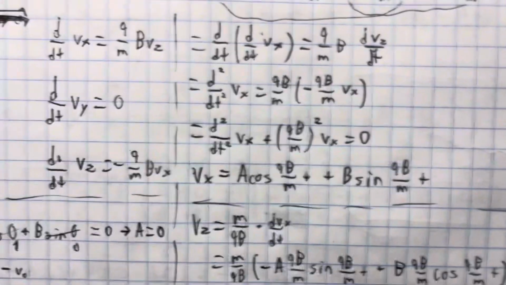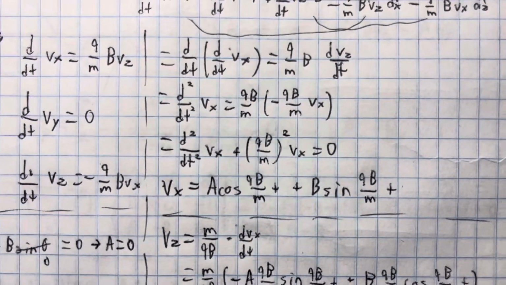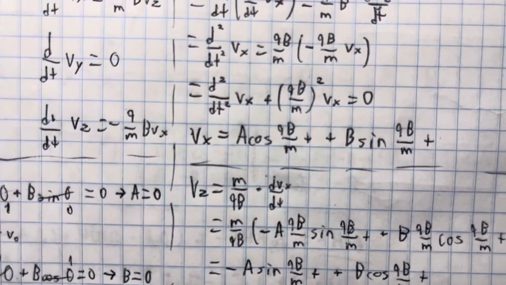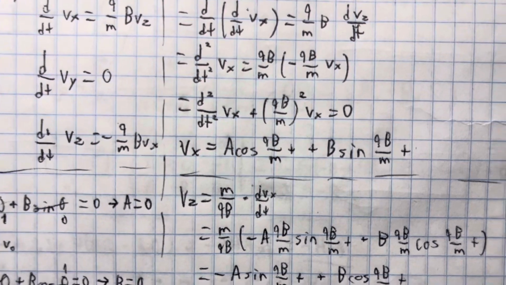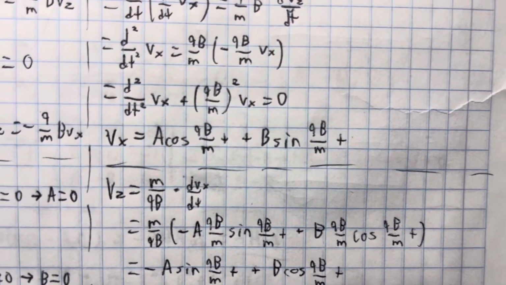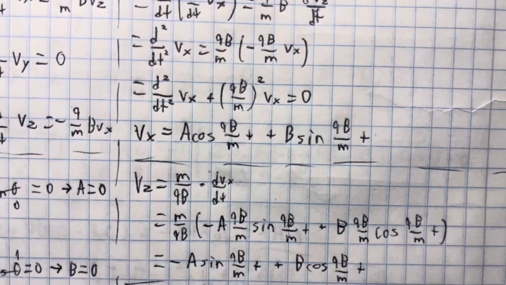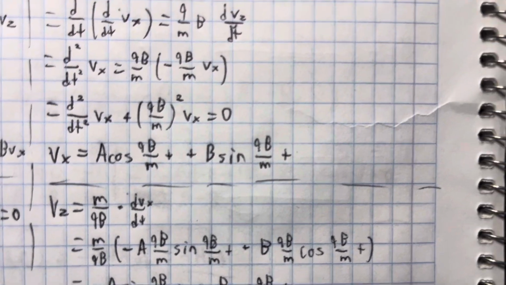After having this ordinary differential equation, we get the solution from tables, which is basically a cosine of qB over m times time, plus b sine of qB over m times time.